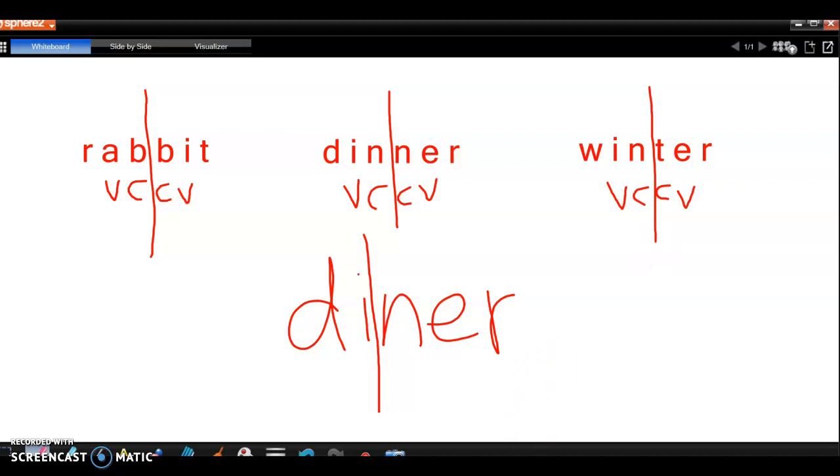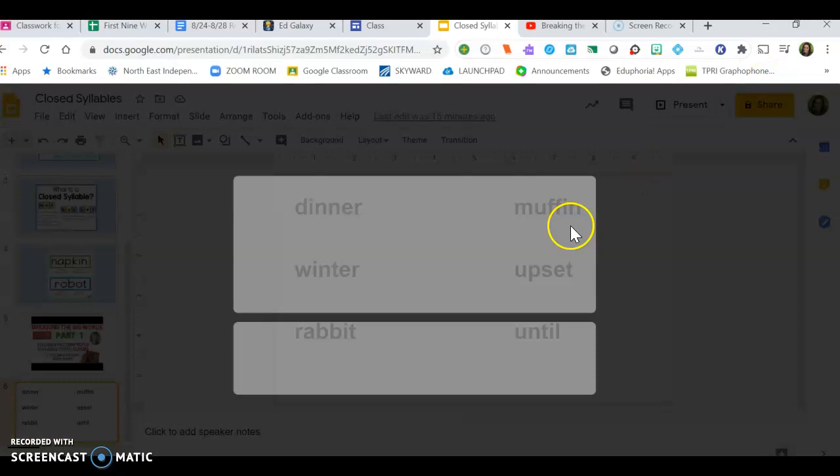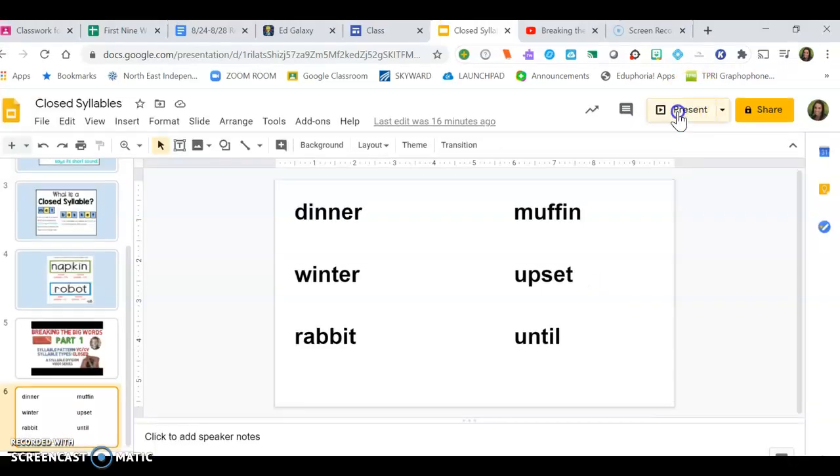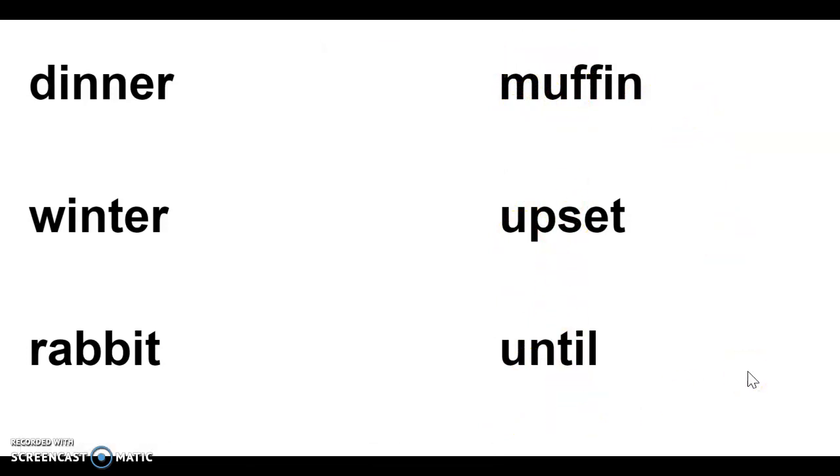Now if we go back to our presentation, I want you to look at these 3 words. I want you to write them down, and then I want you to try the syllable division process to figure out what these words are. Now, if you already know them, which I'm sure you might, still look and see, okay, if I didn't know these words, how would I figure it out?